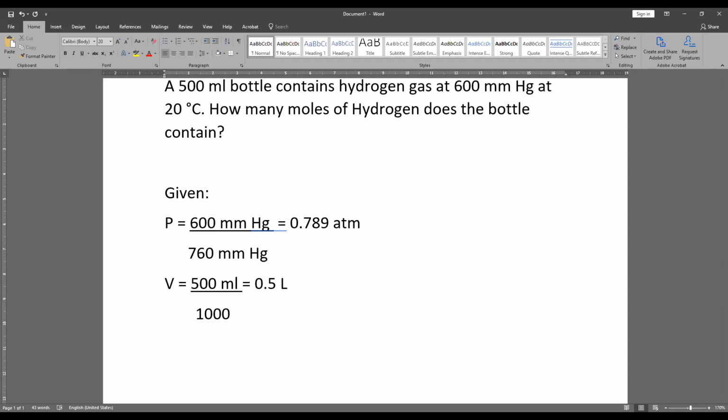Next is, what is the next given there? Temperature. Correct. The temperature is 20 degrees Celsius.